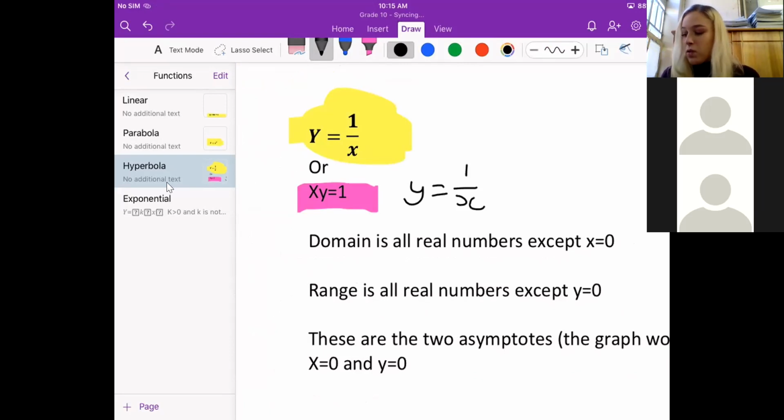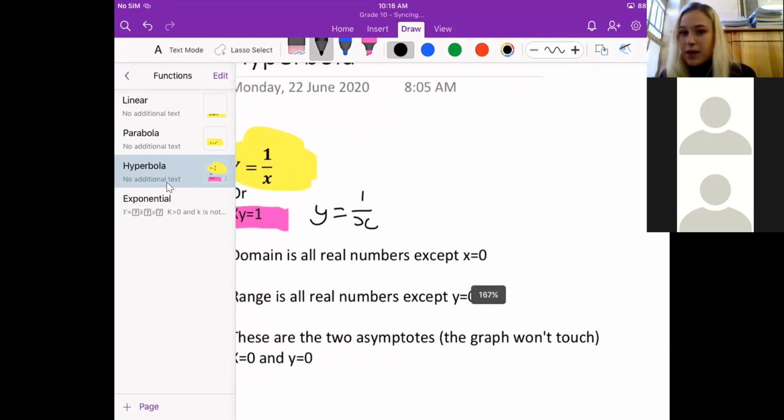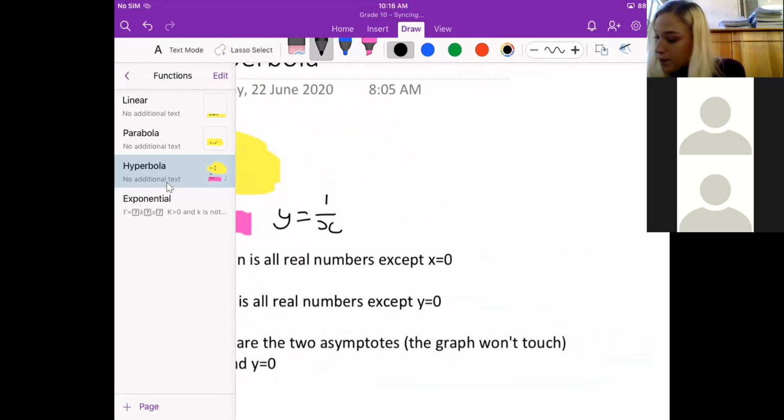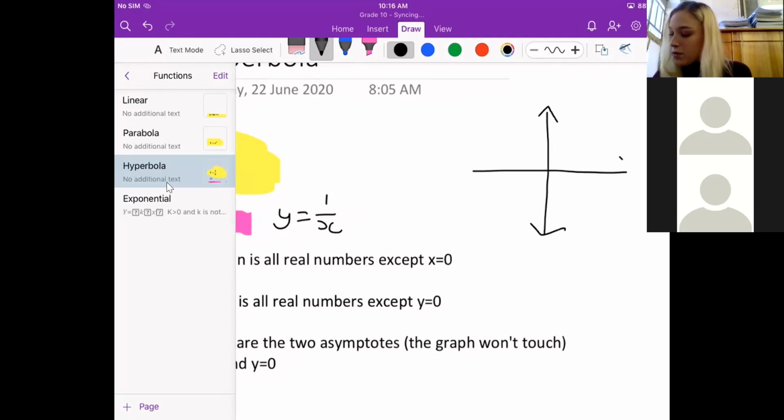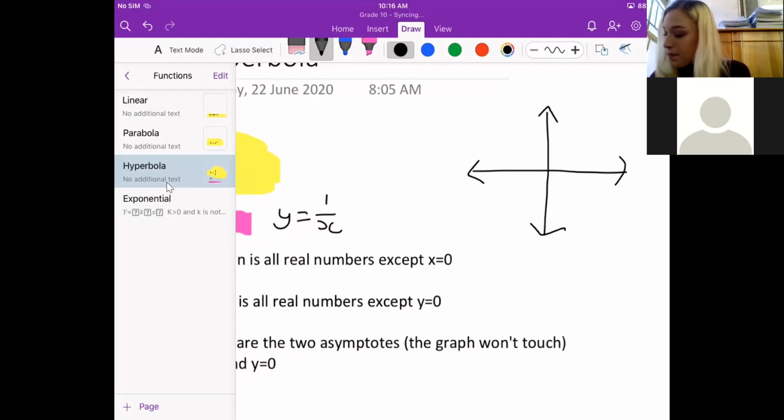The domain is all real numbers except x equals 0. So I need to draw this out for you to show you. So if this is my asymptotes, or my x and y, we have our y and we have our x's.